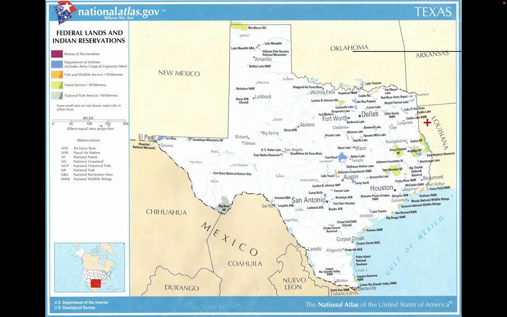And that protection consisted of very few things that the federal government would do off federal lands, and very few things that the federal government would do on federal lands.